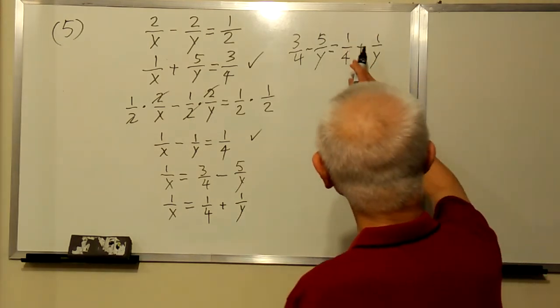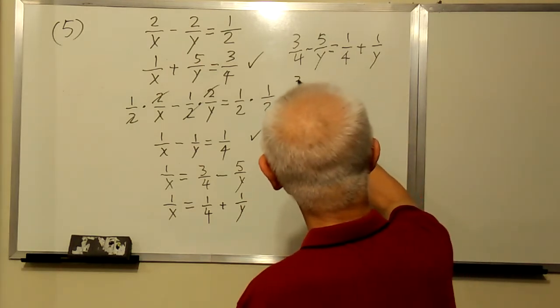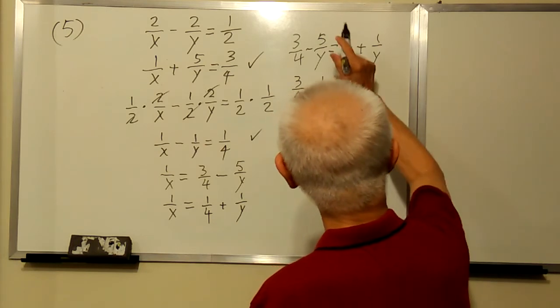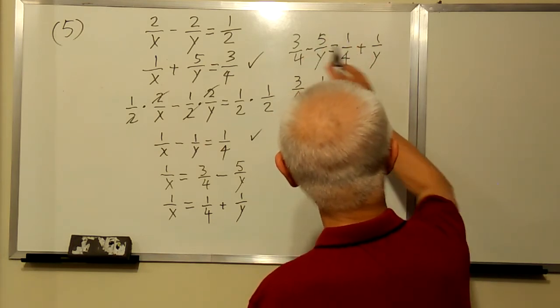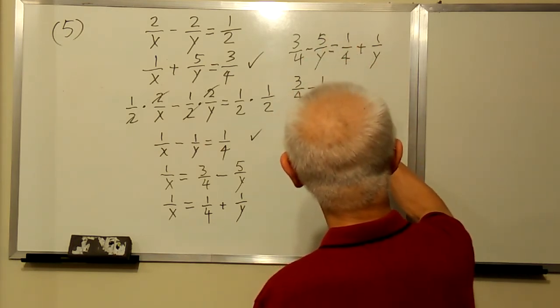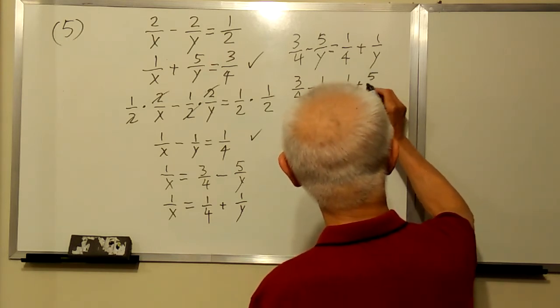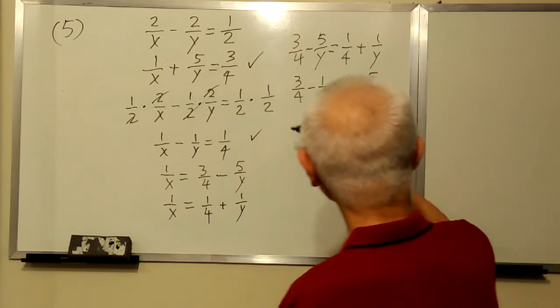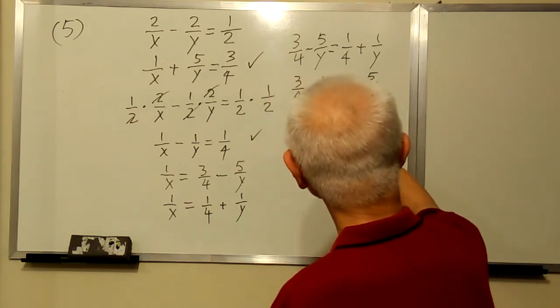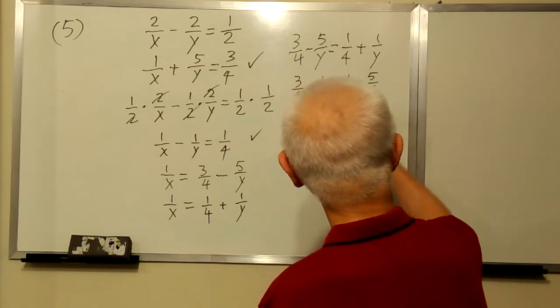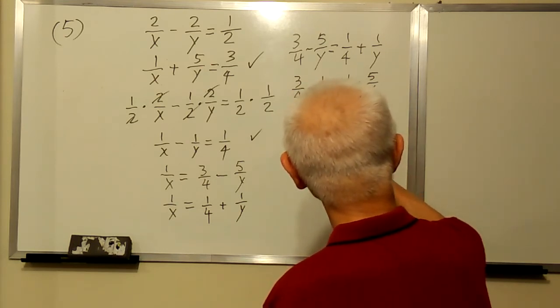I moved 1 over 4 to the left-hand side. I moved 5 over y to the right-hand side. What I have is 2 over 4 is 6 over y.